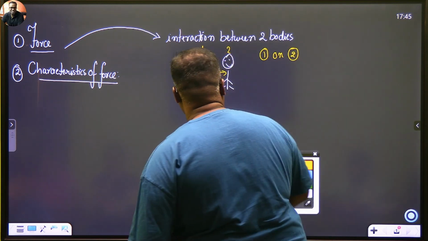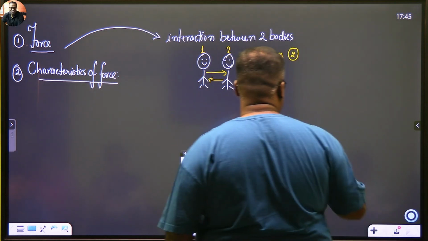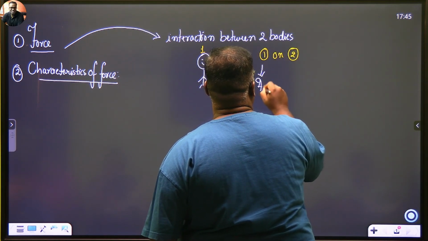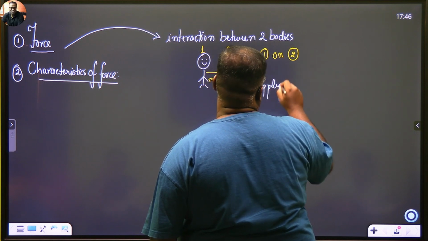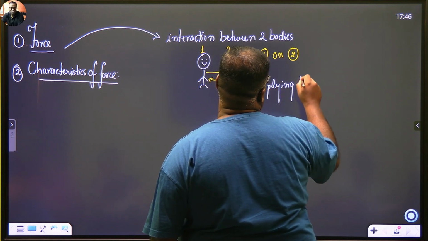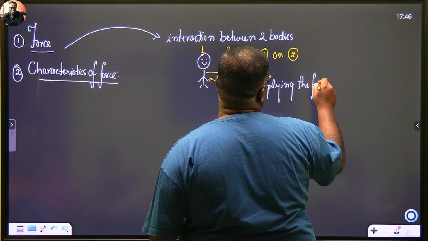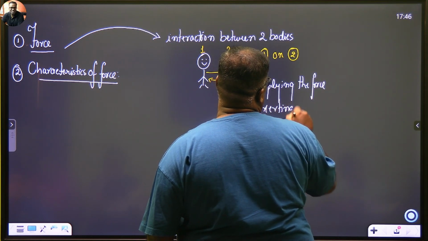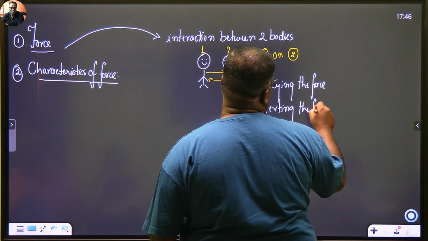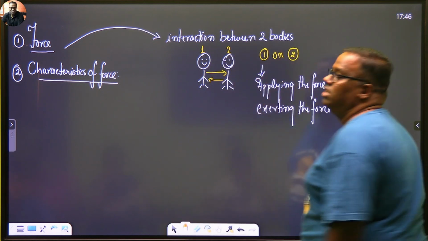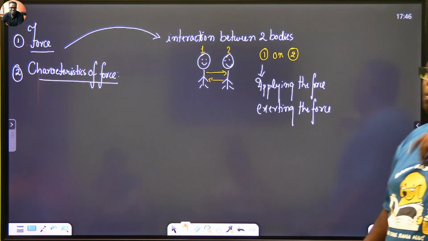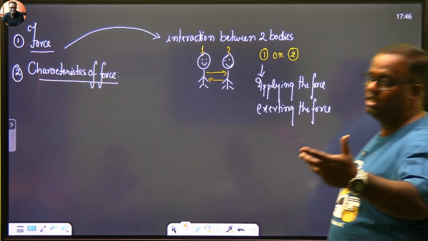So can I now say that one is the body that is applying the force, or you can say exerting the force? So whenever it's a two-body interaction, there will be somebody who will apply the force or someone who will exert the force.